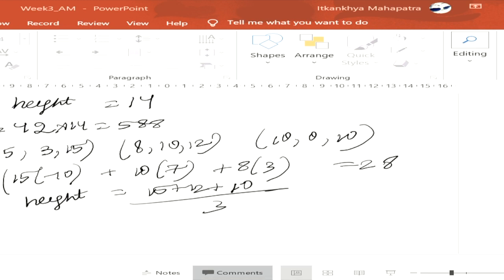So the correct option will be 1311. But when solving, we are getting 1274. 1311 is exactly, we are not getting that value.